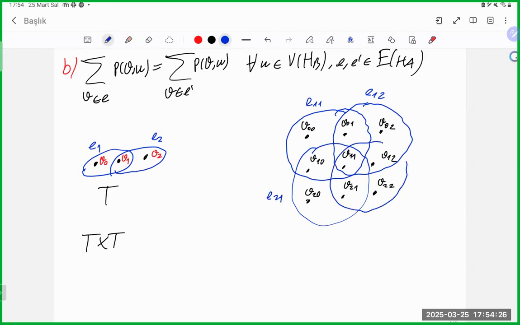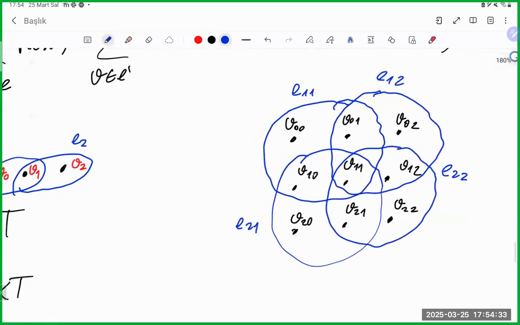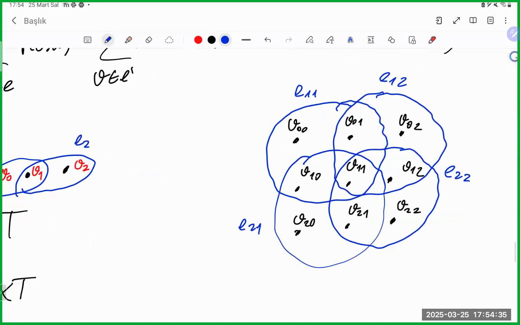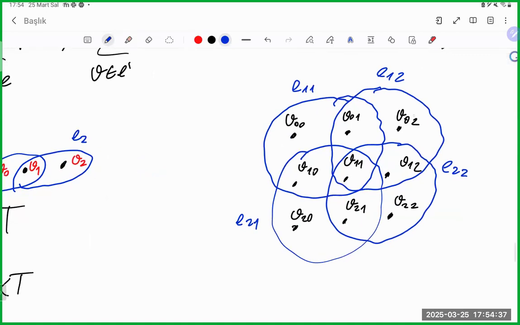The no-signaling condition in those is like this: when we sum those three vertices, we must get the probability of Alice getting 0, because here Bob measured 0, here Bob measured 1, here Bob measured 2.